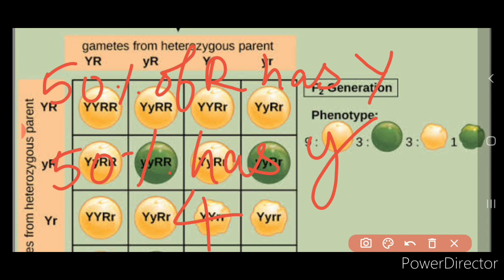This law of independent assortment says that the genes of a pair of contrasting characters are sorted out, segregating independently of the other pair. So totally in this we get 4 different combinations, that is round yellow, round green, wrinkled yellow and wrinkled green. So these are the laws of heredity.